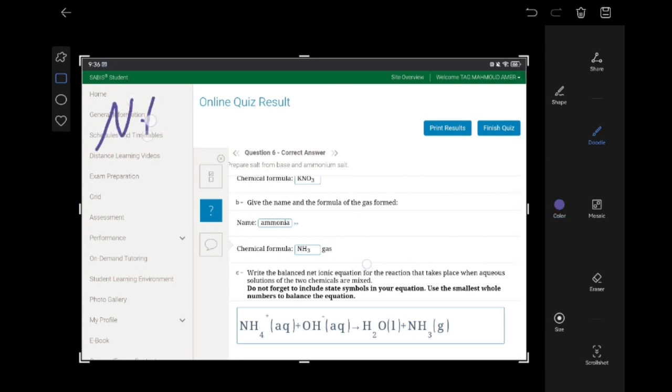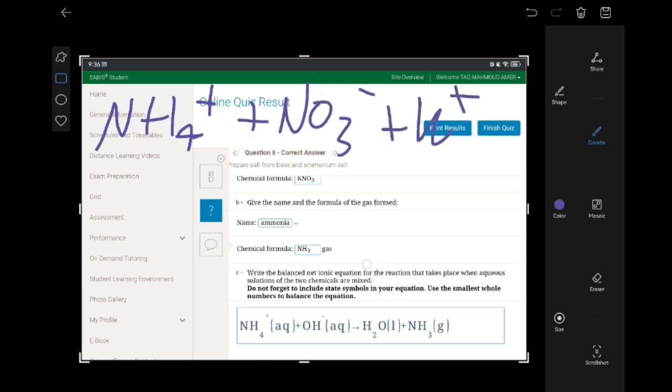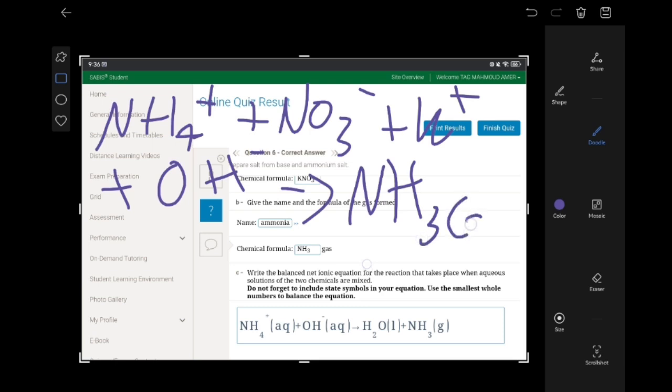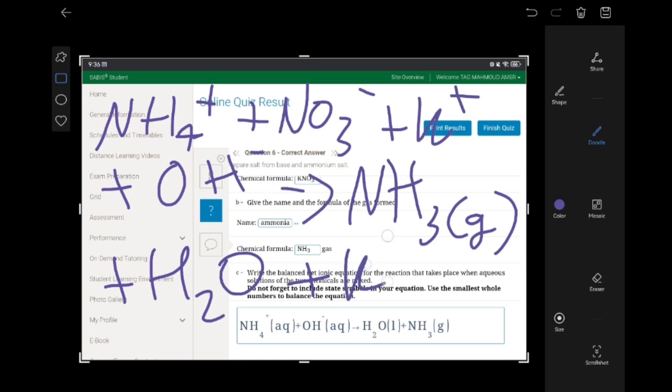So it's NH4 plus NO3 minus plus K plus OH minus gives NH3 gas plus H2O plus K plus NO3 minus.